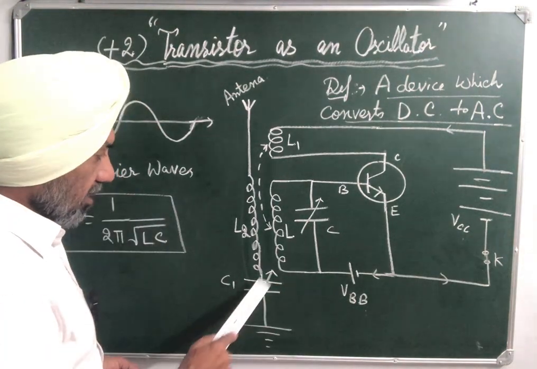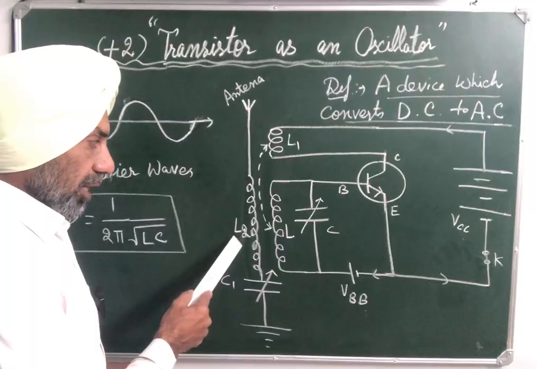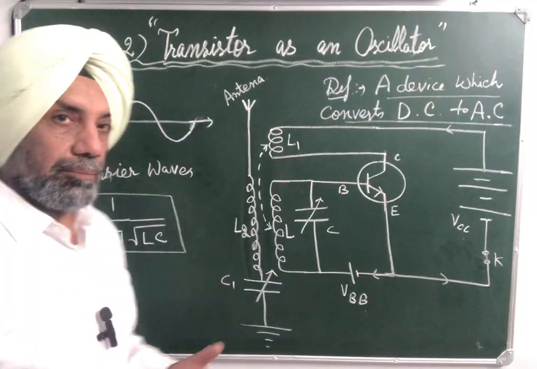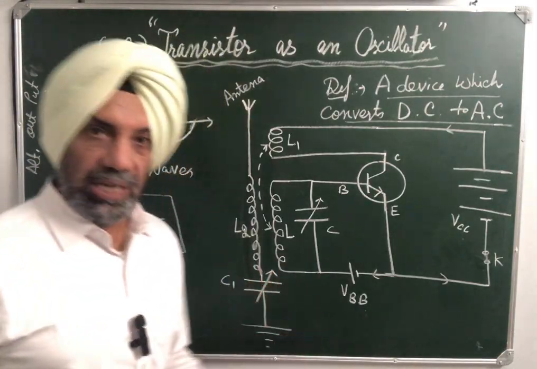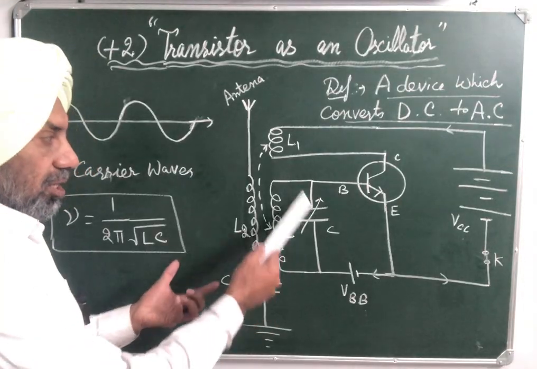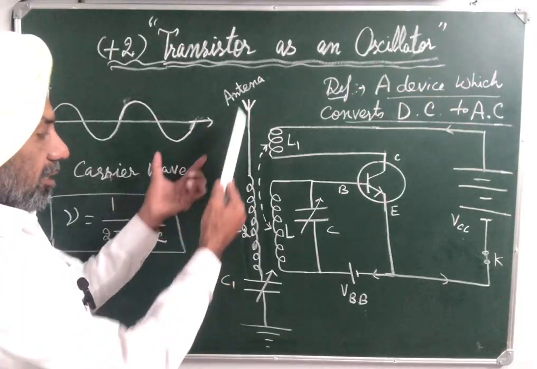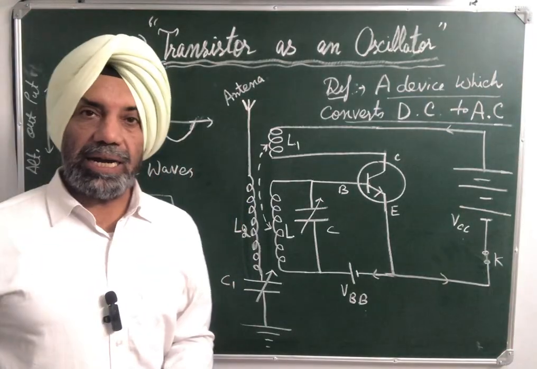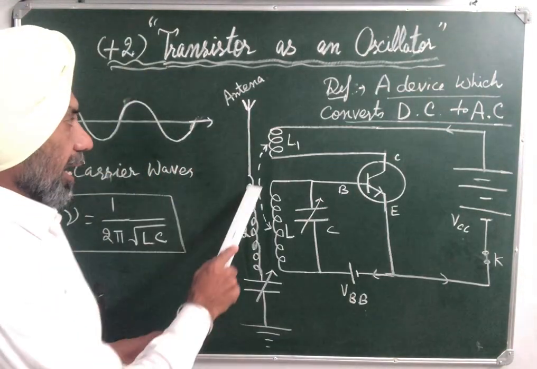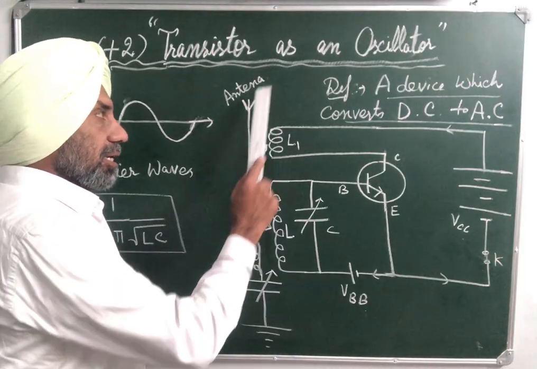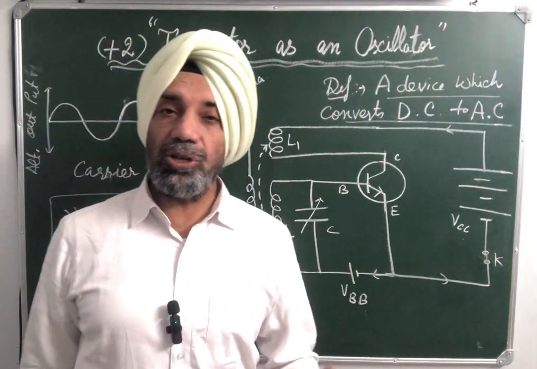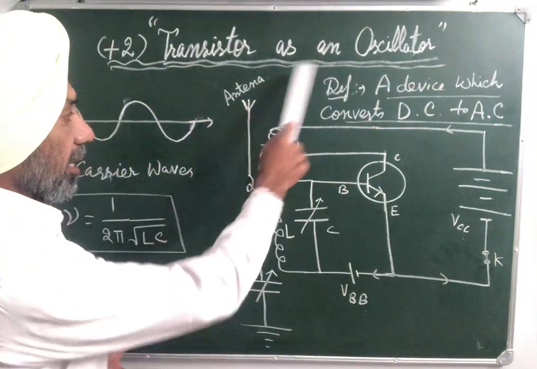So we adjust the capacitance so that the frequencies of these two circuits match, that is, at resonance. These oscillations from the tank circuit are communicated to the antenna through inductor L2 and capacitor C1, and hence we get high frequency carrier waves from the antenna.